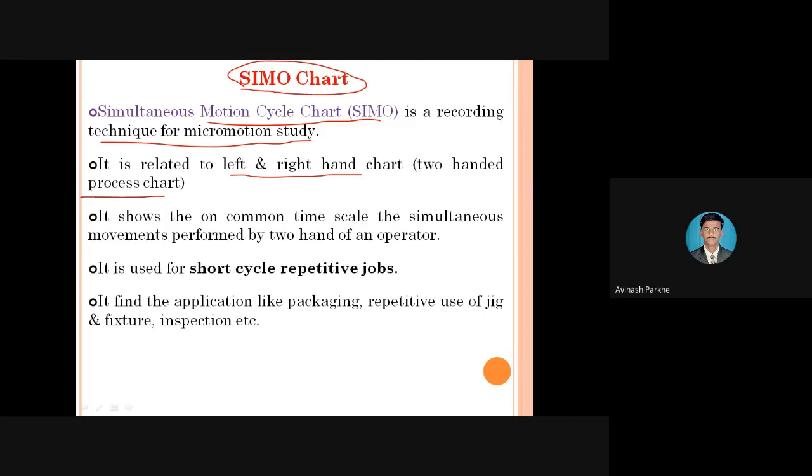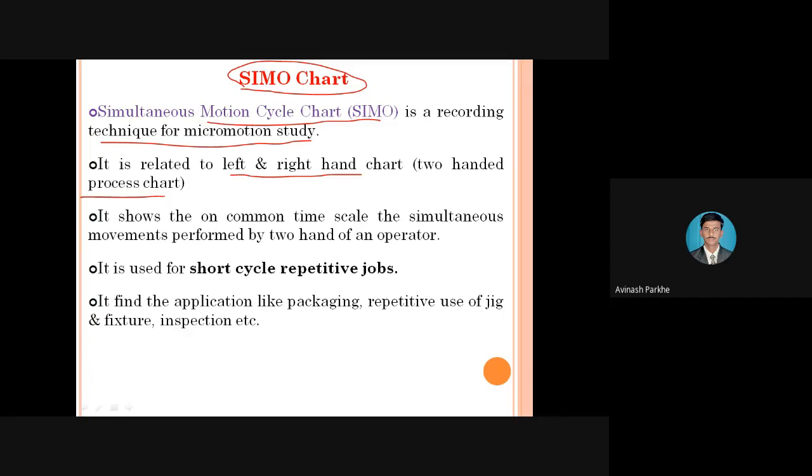Whenever we start with the first recording techniques, that is charts, one of the types is the two-handed process chart. What does the two-handed process chart indicate? It indicates that simultaneously, if your left hand is working and your right hand is working, the movements of the left hand and the right hand are recorded by using two different charts.